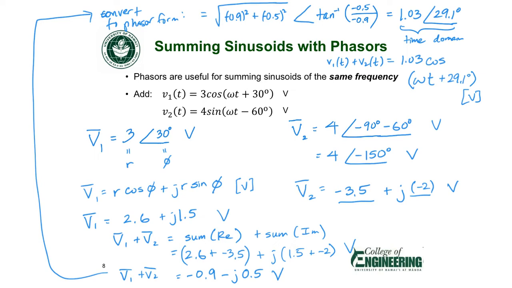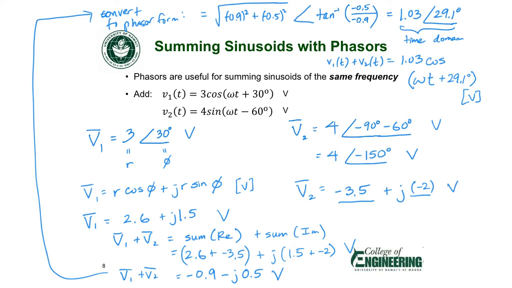So you're going to have to change the phase angle. You're going to have to add 90 degrees to this to get the same thing if you put sine here. Any other questions on this?